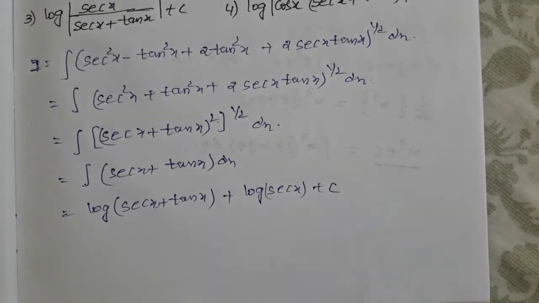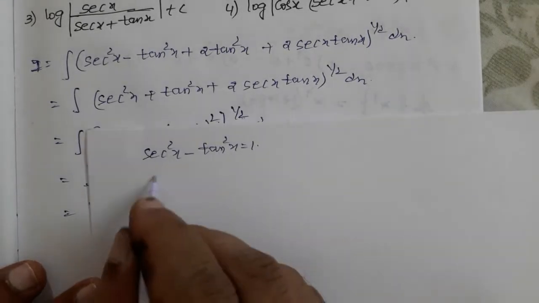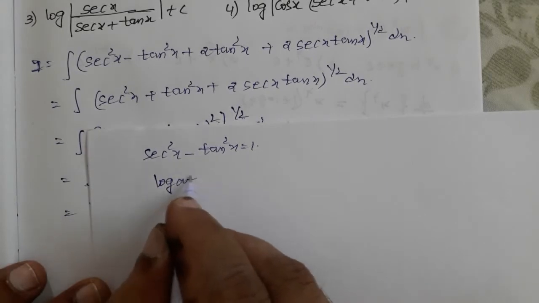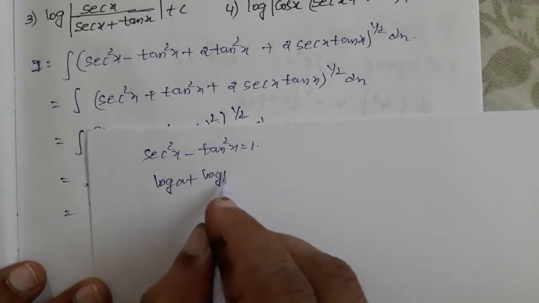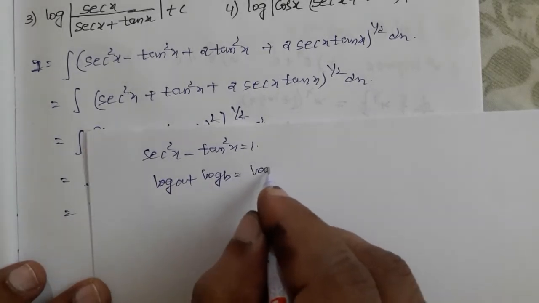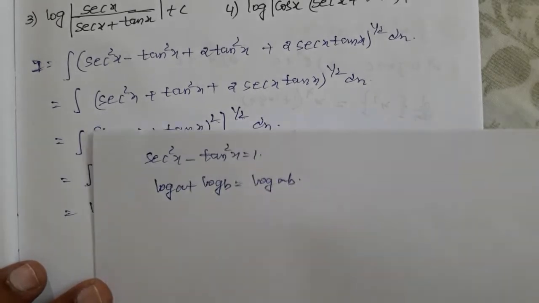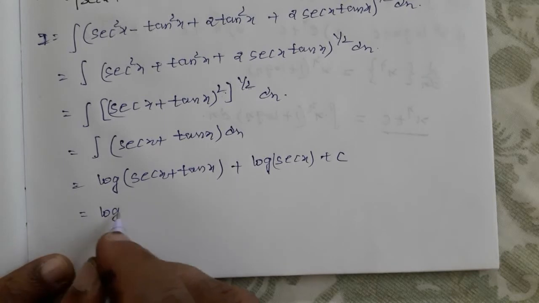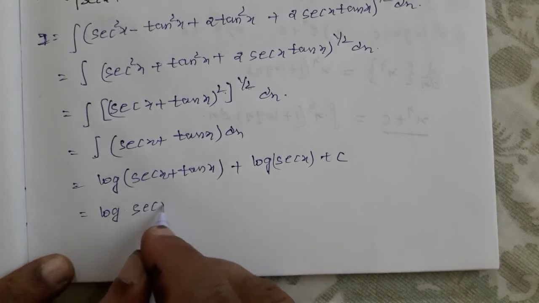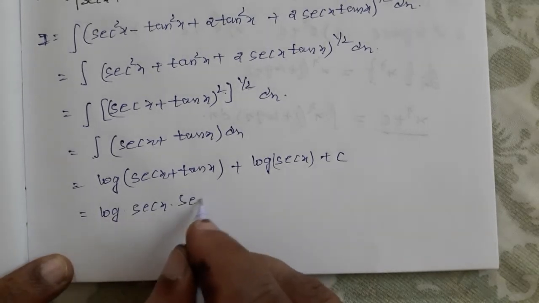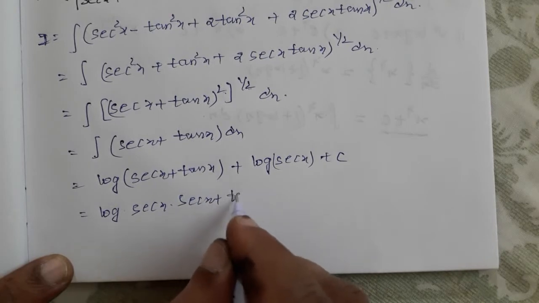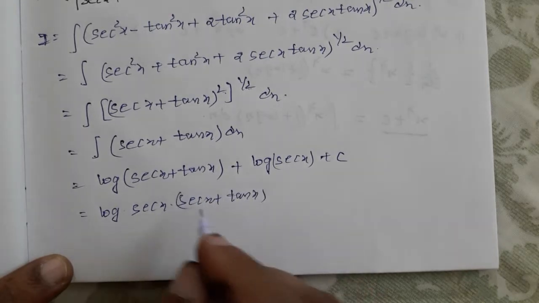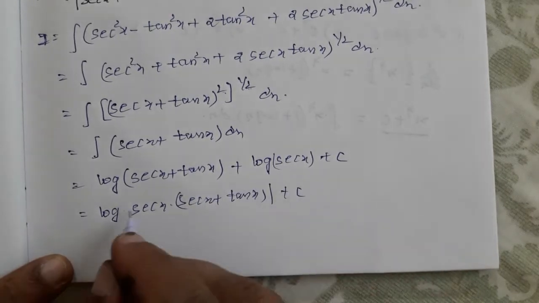Now the formula for this one is log a plus log b is equal to log ab. So this can be written as logarithm of secant x times modulus of secant x plus tan x, plus c.